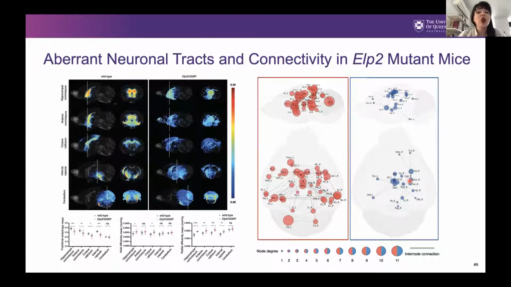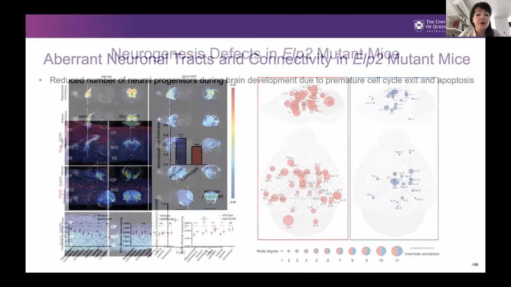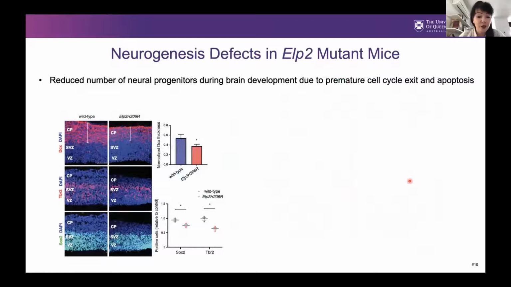Okay, so now we know what the phenotype resulting from these ELP2 mutations is, and that it also affects brain connectivity, but that led us to further investigate potential neurodevelopmental defects, as the mice have microcephaly. And indeed, we found that there is a reduced number of neuronal progenitor cells in the developing cortex of the mutant mice.